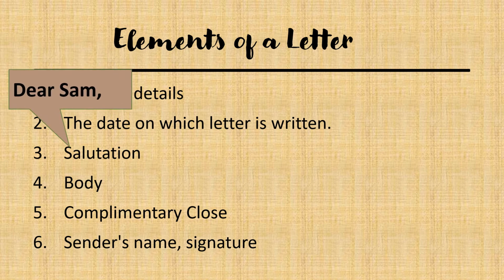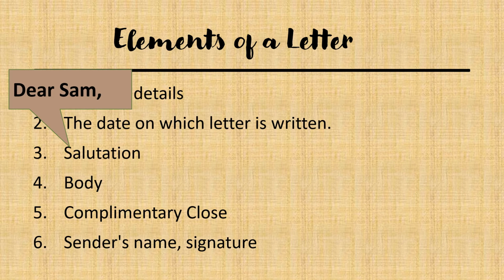If you are writing to your friend, your cousin, your brother, or your sister, you can use his or her name. If you are writing to your father, mother, uncle, or aunt, you can simply write dear father, dear mother, dear uncle, or dear aunt.